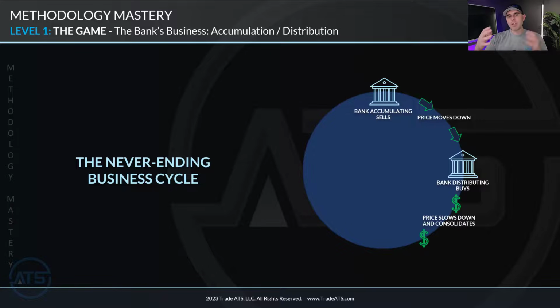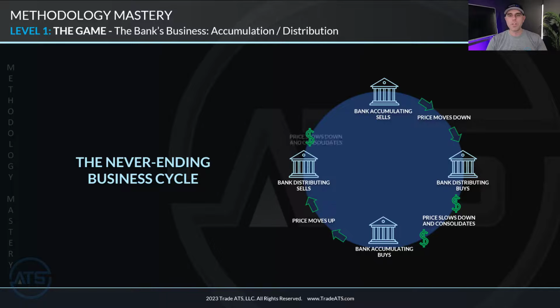As the market enters a bottom, the bank starts accumulating buy inventory, starts doing the opposite. Eventually prices move up, then they move into their distribution phase, take the profits off the table, price slows down, starts consolidating, and then they do it over and over and over again, accumulating shorts, accumulating buys, and then distributing into the rising and falling markets for profit.